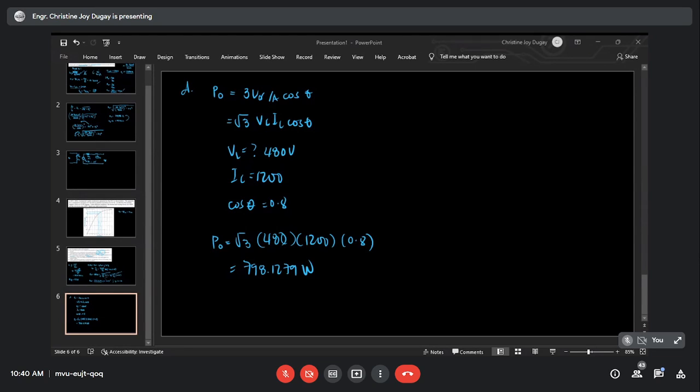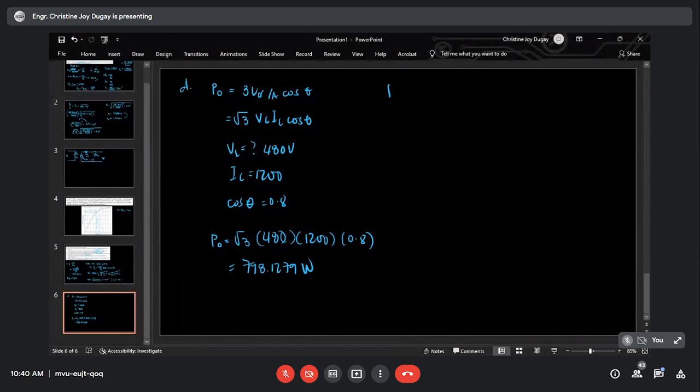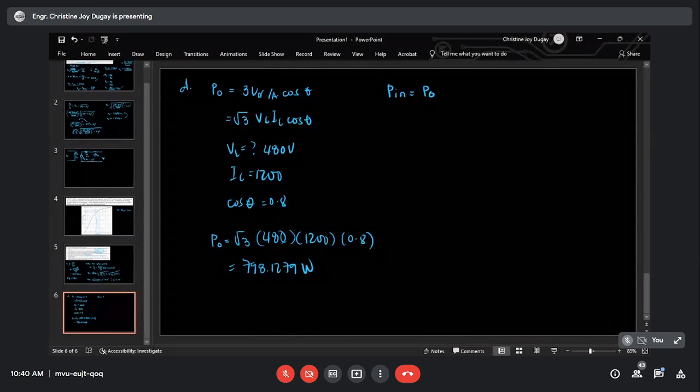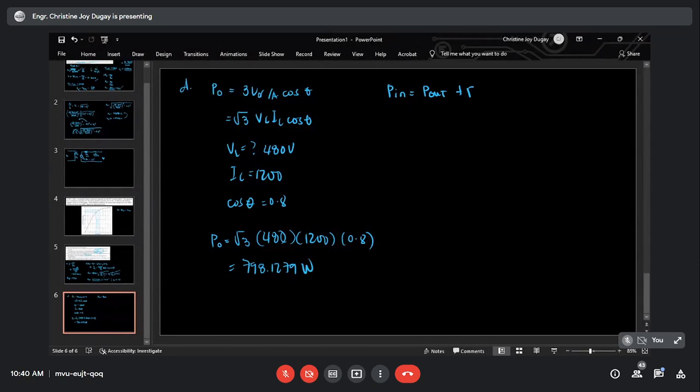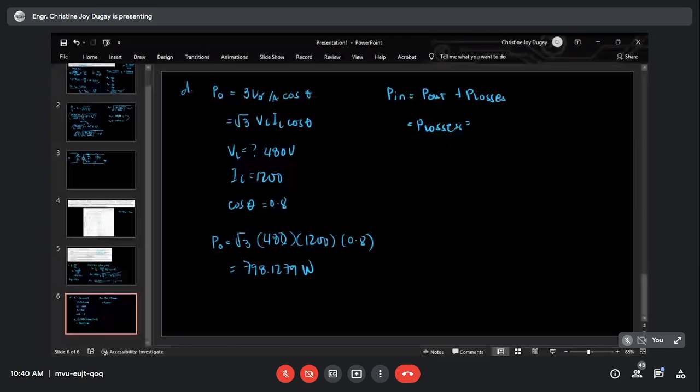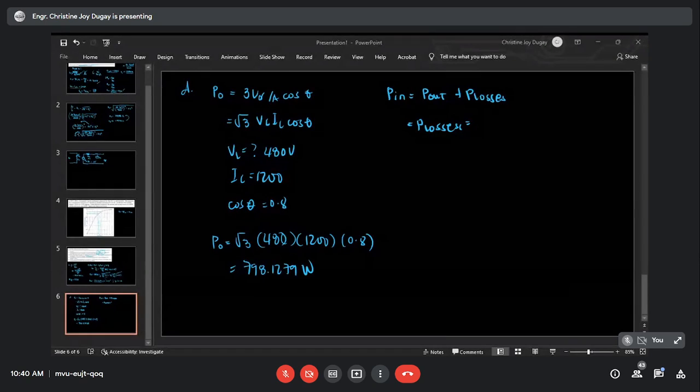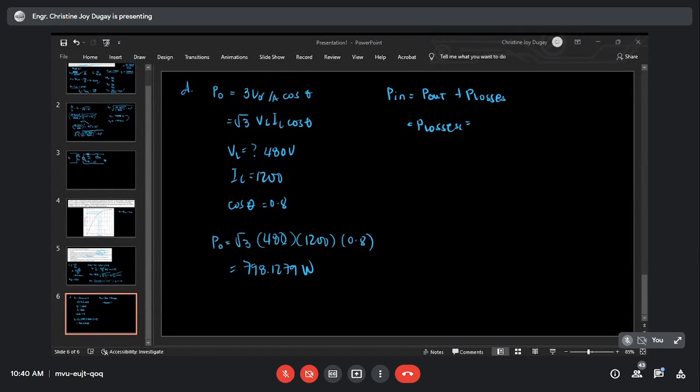So, if you're going to solve for that, P input is equal to P output plus P losses. Ano yung losses natin? Based on the power flow diagram, kailangan natin yung core losses, copper losses, stray load losses. Ano pa yung mga losses na nailagay dyan?